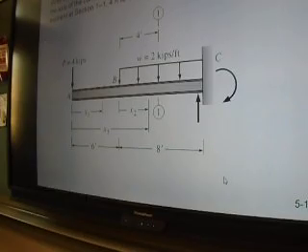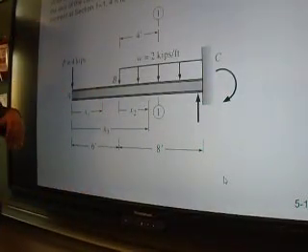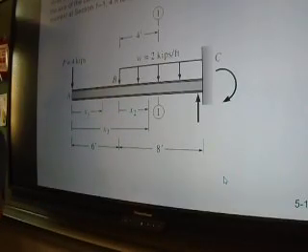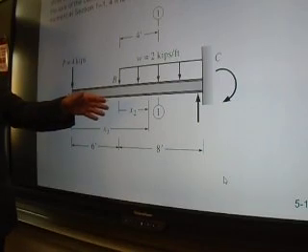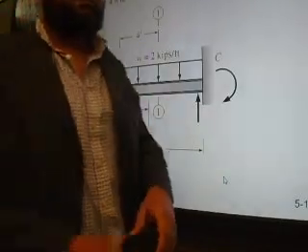He divided it into segments, meaning a zone called x1 between A and B, and a zone called x2 between B and C. He'll get us an equation for the moment and for the shear within x1, and another equation for the moment and the shear between B and C.